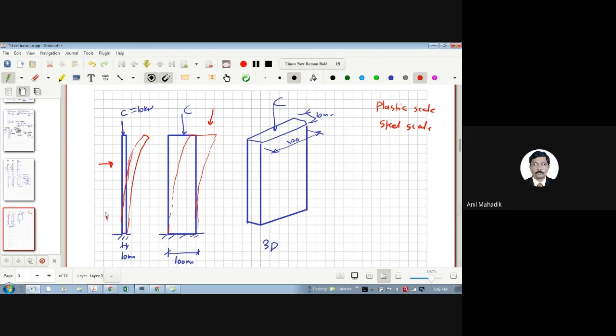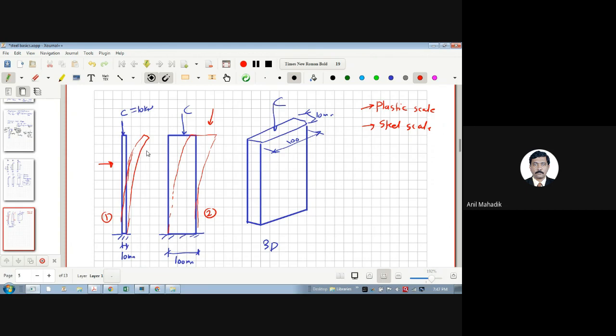You can give the compressive force to, let's say, a plastic or steel scale, the feet-inch scale, the 300 mm scale. All of you know that. If the compressive force is applied like this, how will it buckle? Like this first, or like the first case?